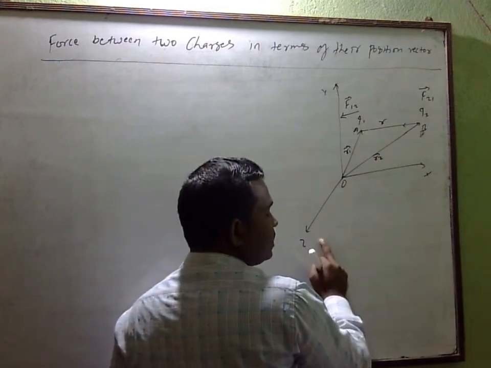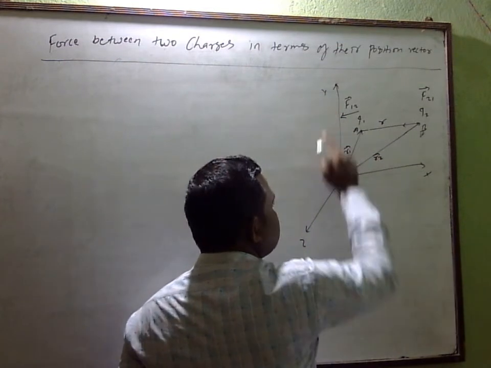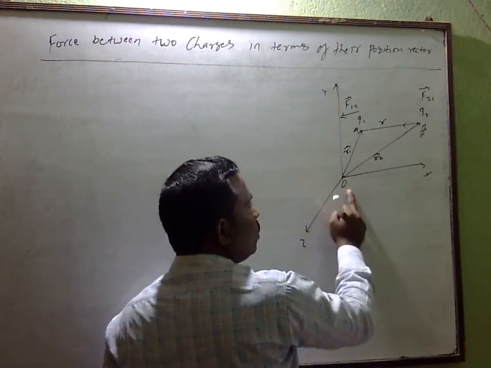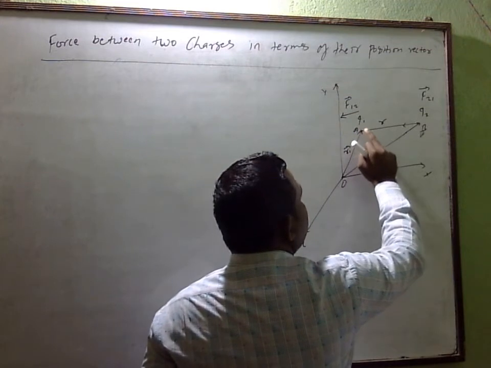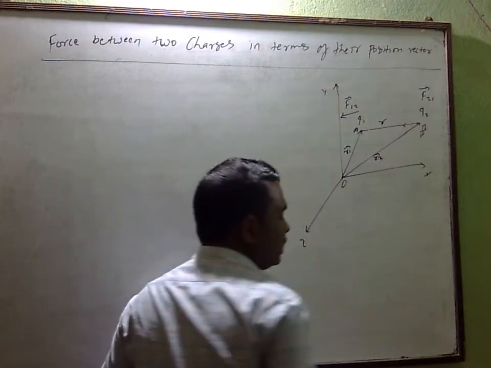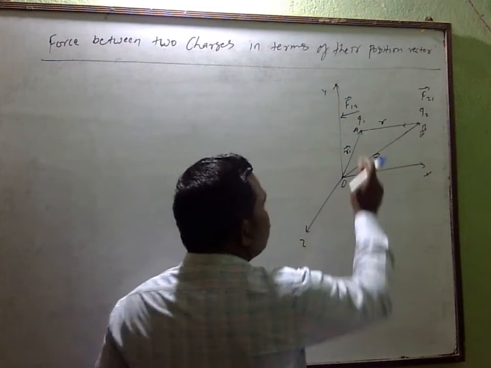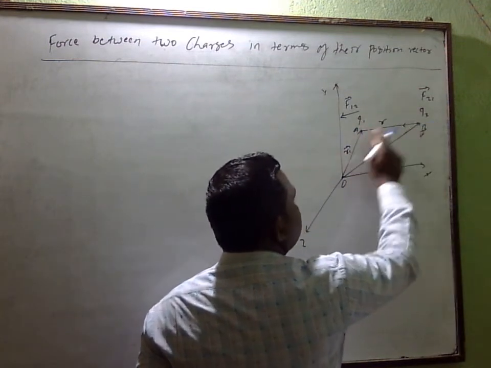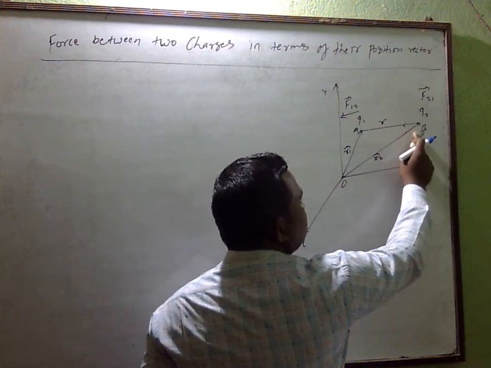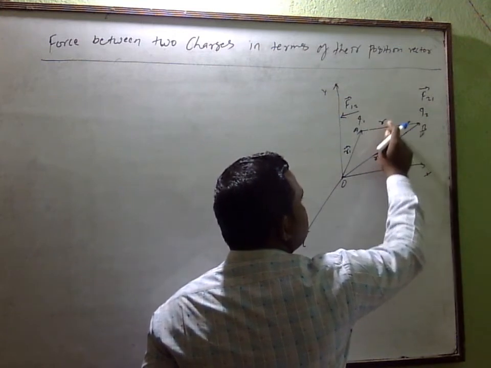This is the x axis, y axis, and this is the z axis, and this is the origin. Here I have taken two charges, q1 and q2. q1 is placed at point A and q2 is placed at point B, and both are at distance r.